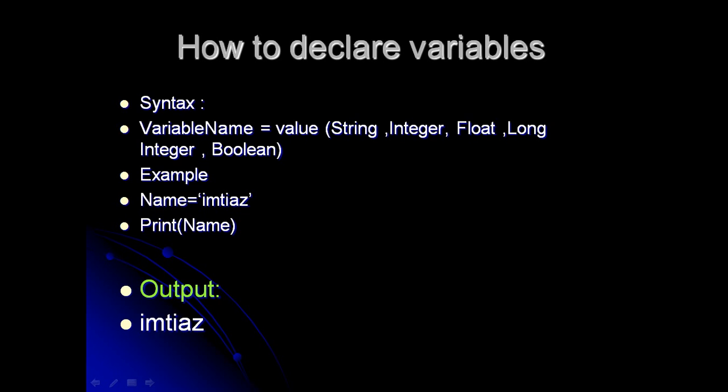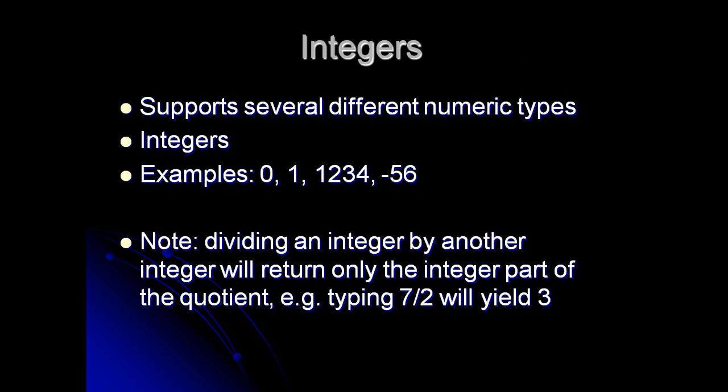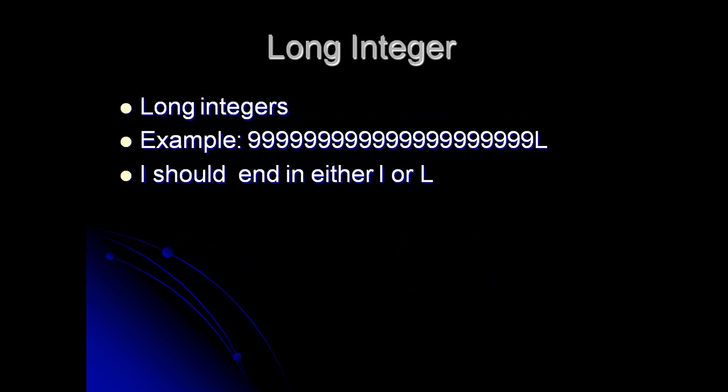If you are using a higher version, you have to give double quotes. When I want to work with integers, you have to give integer values, and when you divide any integers, it will return the integer portion.